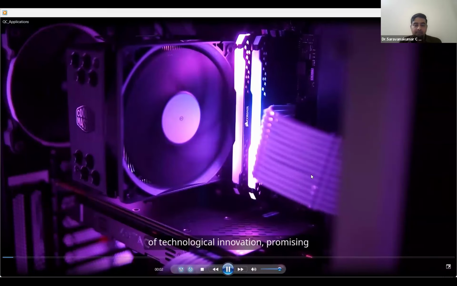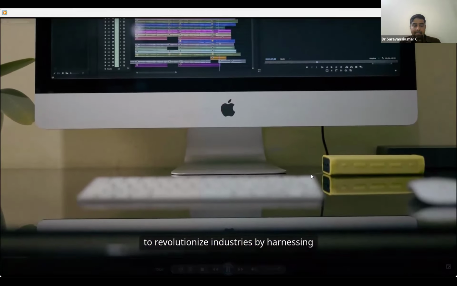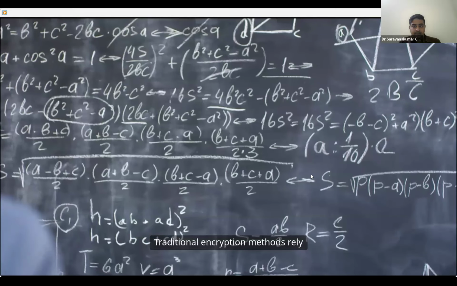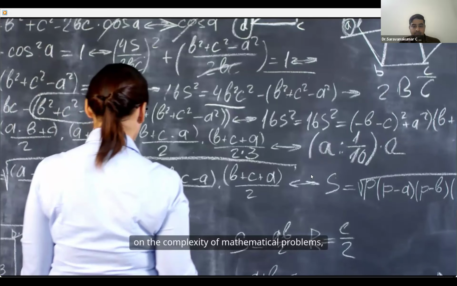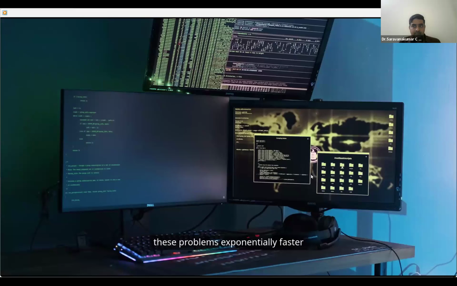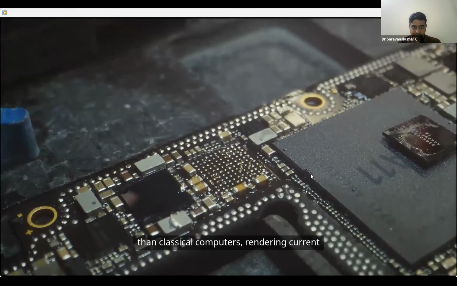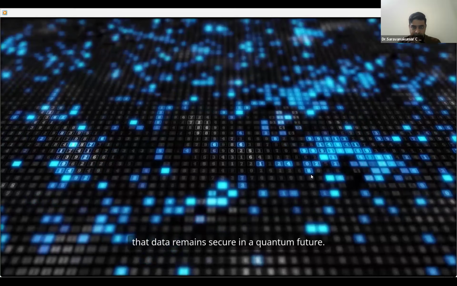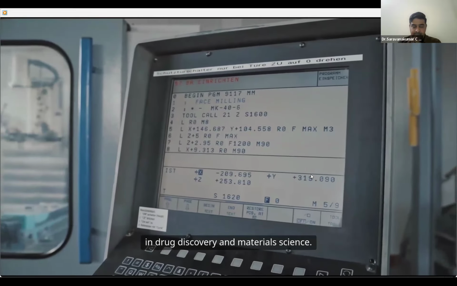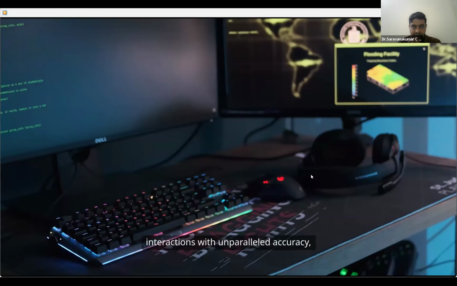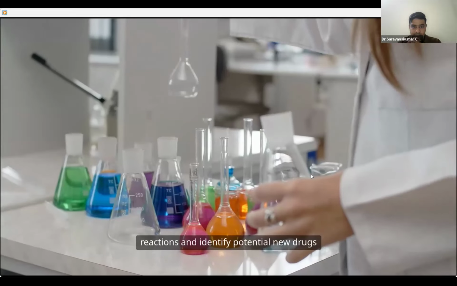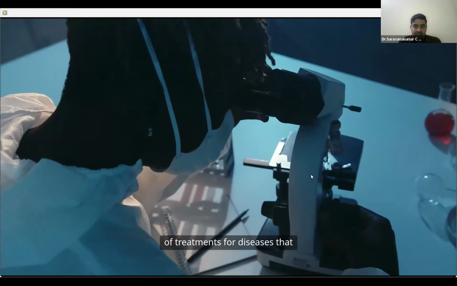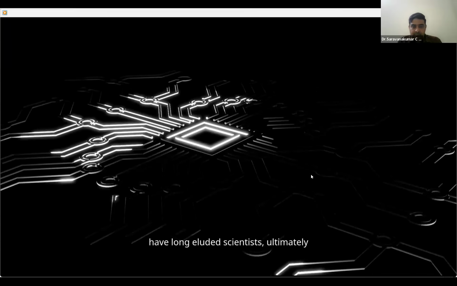Quantum computing stands at the forefront of technological innovation. By harnessing the power of quantum, personal encryption methods rely on the complexity of mathematical. However, problems exponentially faster than classical computers, rendering currently computers can simulate and much more efficiently than current methods. This capability for diseases lives and reducing healthcare costs.